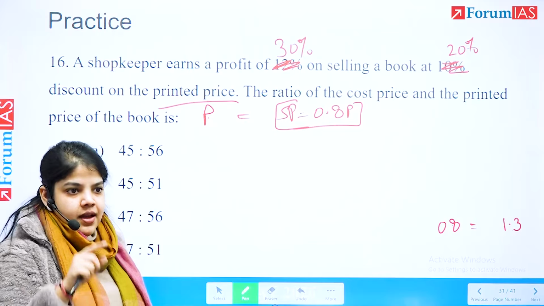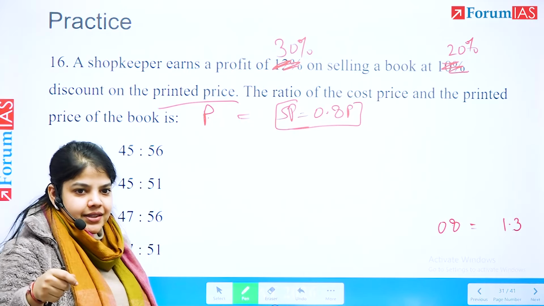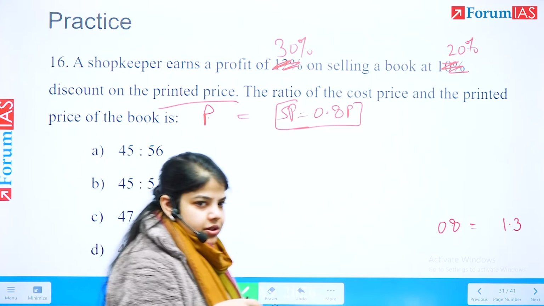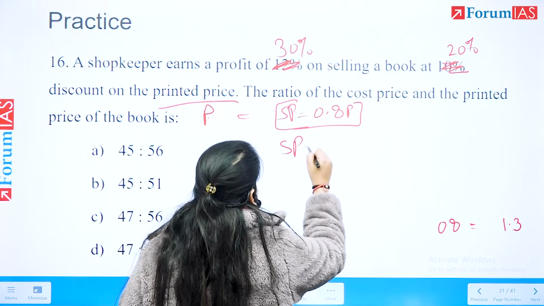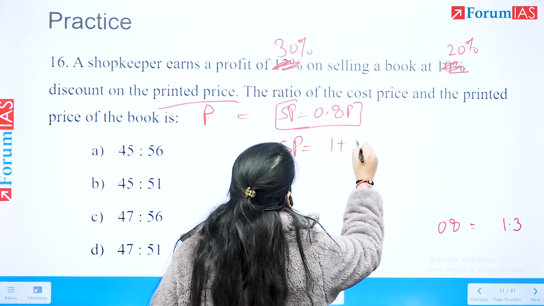20% discount. 1 minus 20%, 1 minus 0.2, 0.8 P. But selling price is also equal to 1 plus 0.3 times CP. So equate.